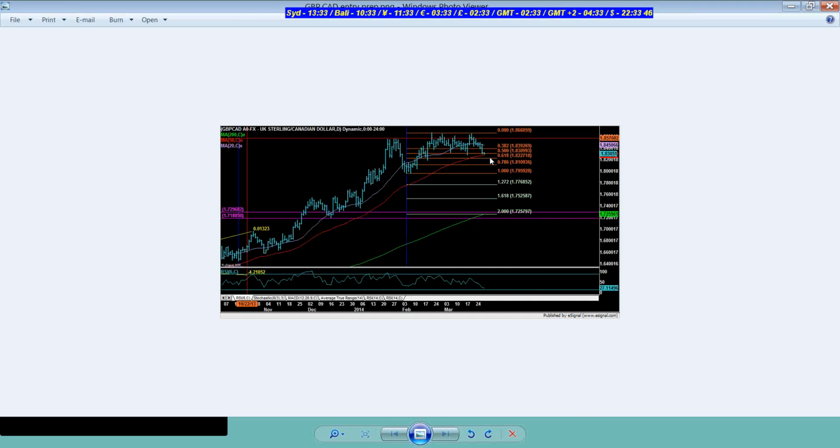You may get it, but if we get a setup, it might be worthwhile putting a small amount on it, just in case it doesn't get through that resistance level. But if it does, then you're in on it, and then you add to it in the shorter time frame, so you're getting your full leverage on it.